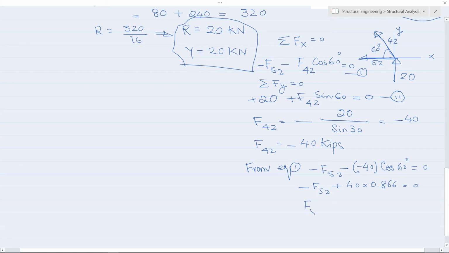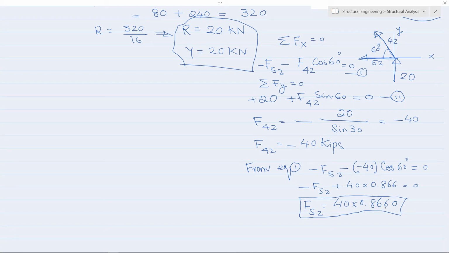So I can say F52 will be 40 times 0.866, something around 34 kip or so. That result gives a positive force, which means our F52 is in the correct sense, but F42 is in reverse order.